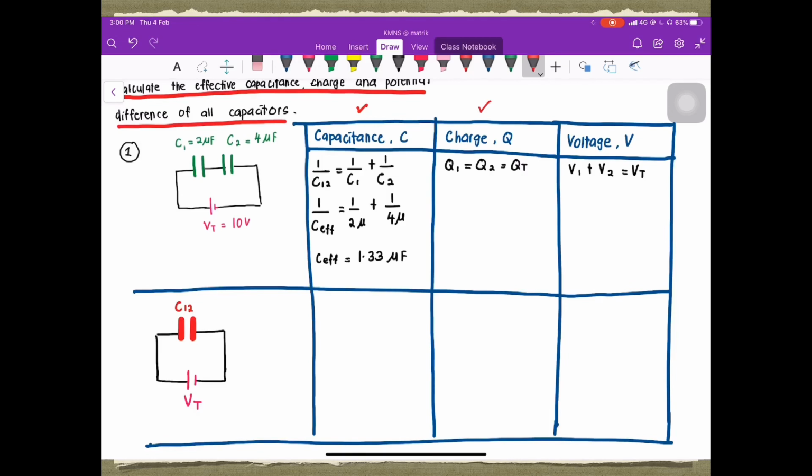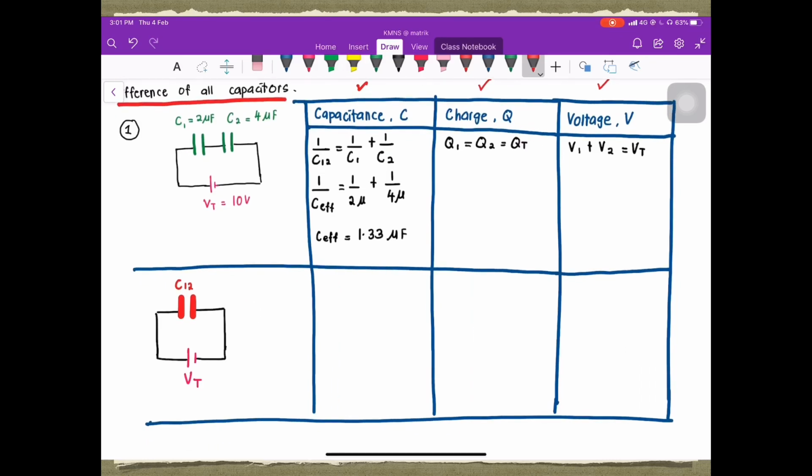The second column is charge, and the third column is voltage. So the first step is to construct a table.